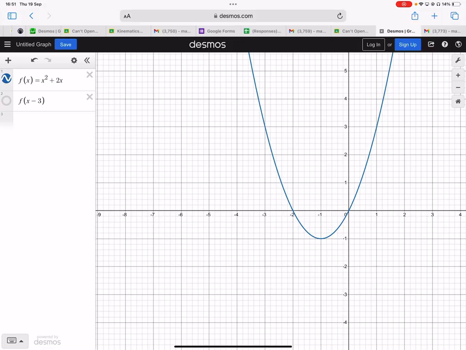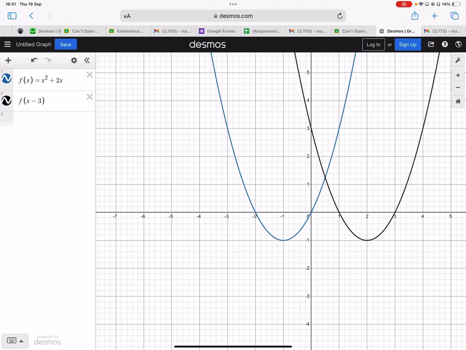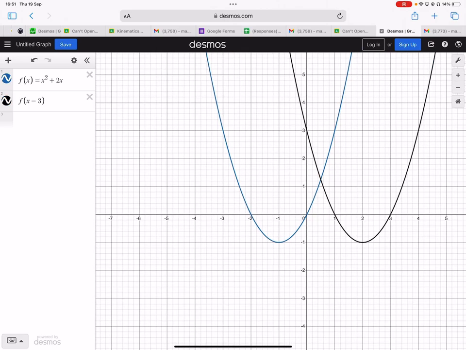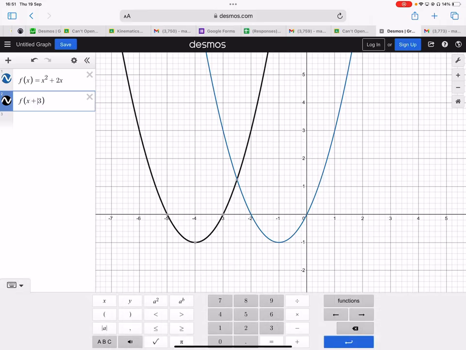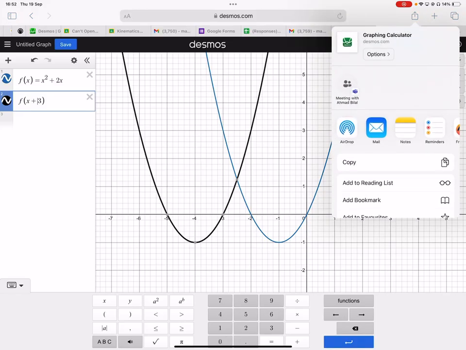So when we do x minus 3, the graph goes 3 units right. In horizontal transformations, it works the other way around. I'll explain why in a moment. So if you do minus something, the graph moves to the right in horizontal transformations. If you do x plus something, the graph moves to the left. So in horizontal, it works the other way around. Is that okay?